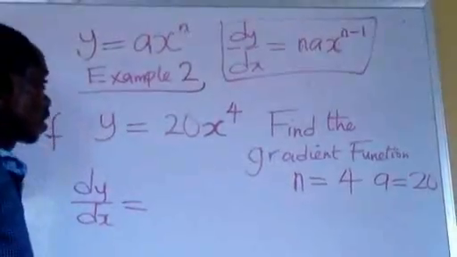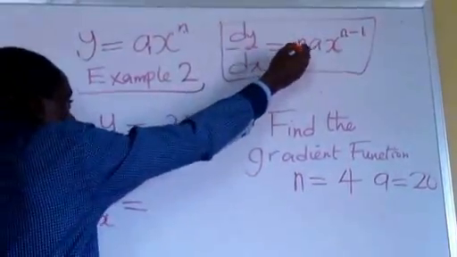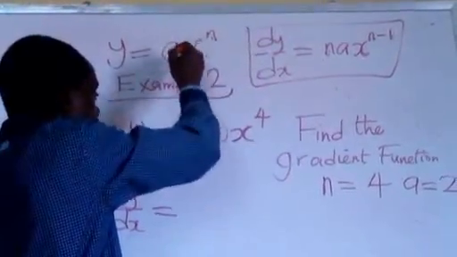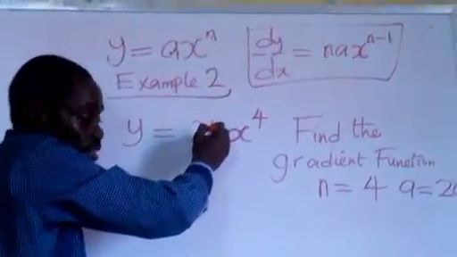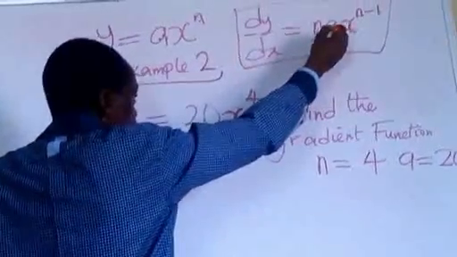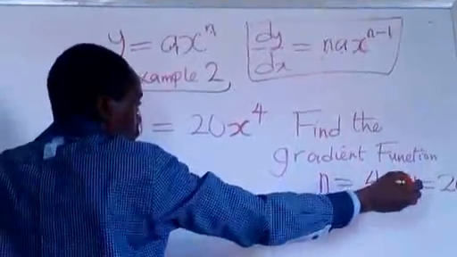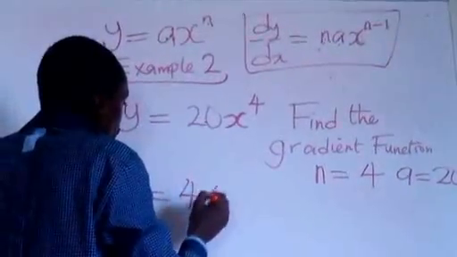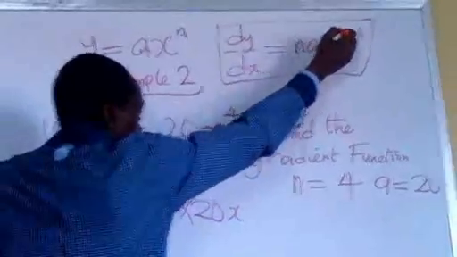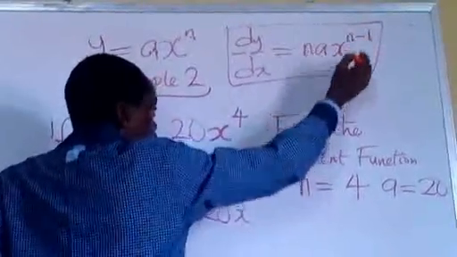So applying this formula, we're going to have n times a. n is 4, a is 20, so that will be 4 times 20 x raised to power n minus 1. n is 4, so that is going to be 4 minus 1.